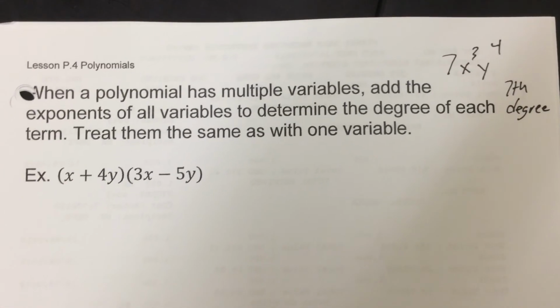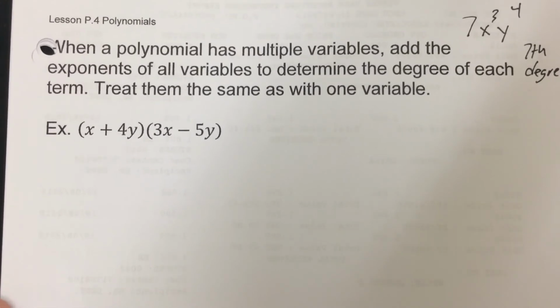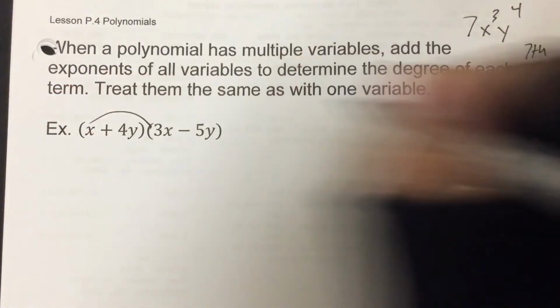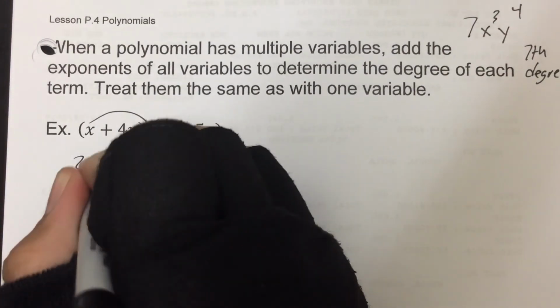Okay. So if we get to multiplying here, it's the same sort of thing when we multiply it out. Like I said, you're going to just multiply the like terms, and do the exponents with the like terms, I should say. So like here, x and 3x would make what? 3x squared.